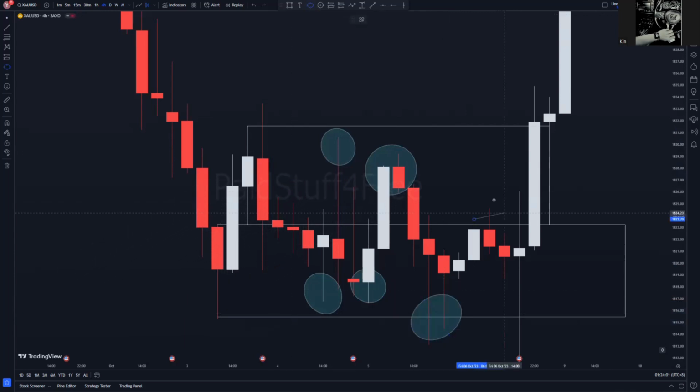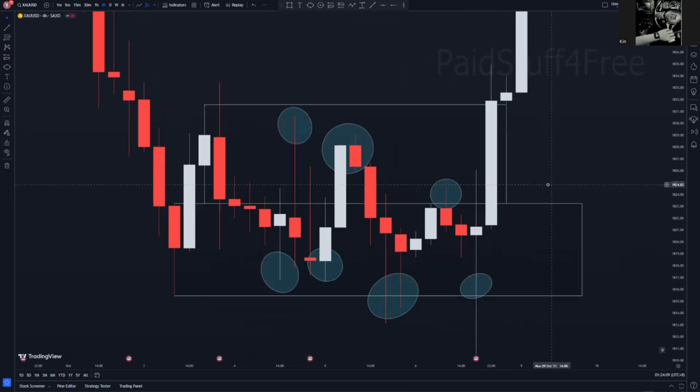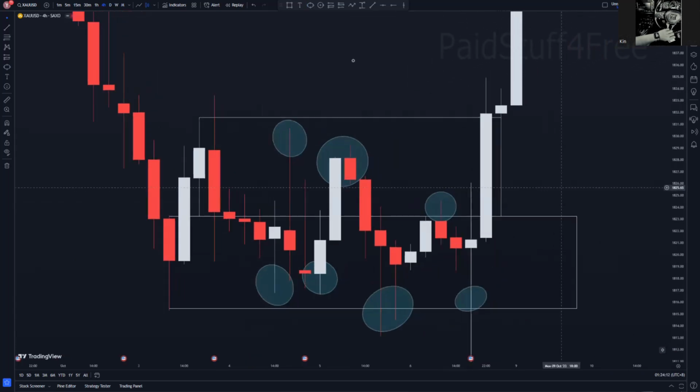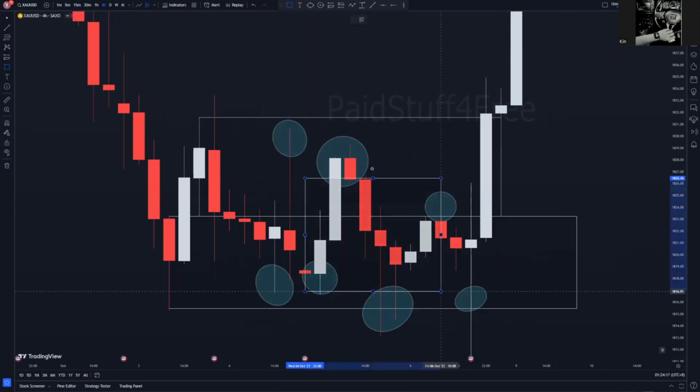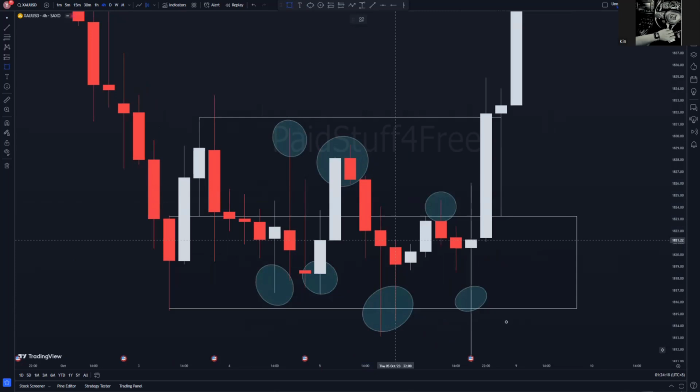So look over here. Just now I told you guys that we need to be very flexible with the zones. So maybe a few of you are going to ask me, why don't we use this EG buy?